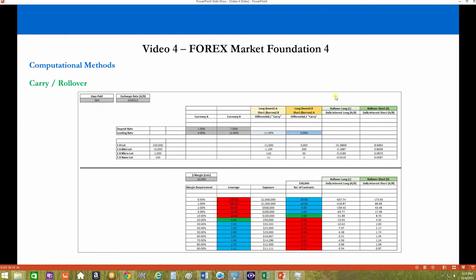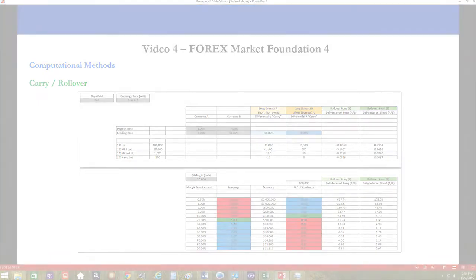It's pretty important to get this information sorted and know what you're doing when you're looking at carry and rollover, because many retail traders don't even check these things and they put currency trades on and they don't even realize that their margin is getting eaten away every single day by negative carry, and the currency pair can literally just not even move and they can be wiped out if they're obviously massively over leveraged.